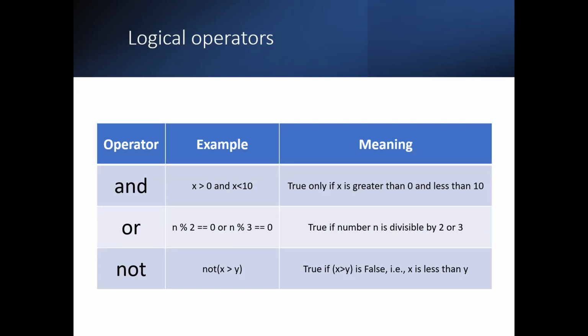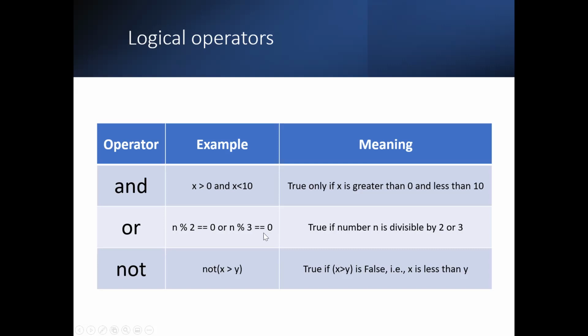Now, for example, if you want to check whether the value is between 0 and 10, yes, you can use the AND operation, and then you can have two comparison operations to make sure that it's within the range. Similarly, the OR operator. For example, here, let's say we want to find out whether the number n is divisible by 2 or 3.